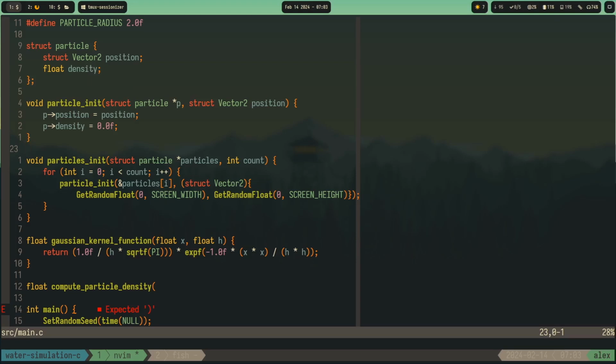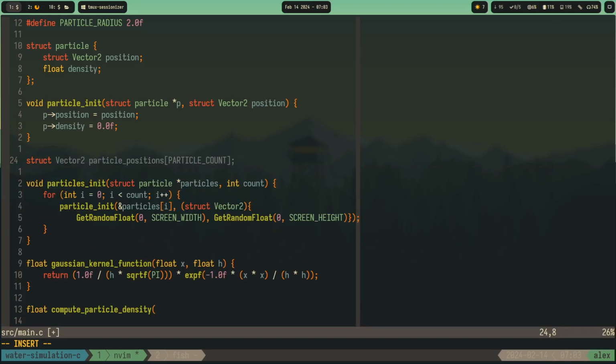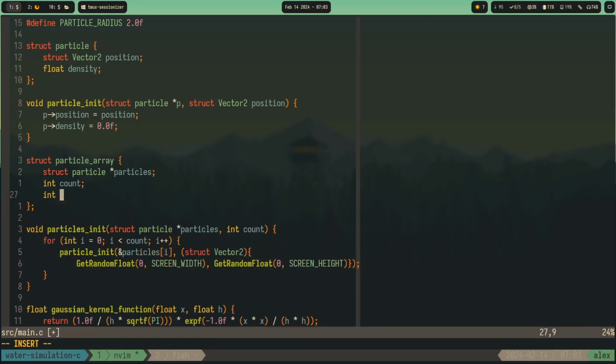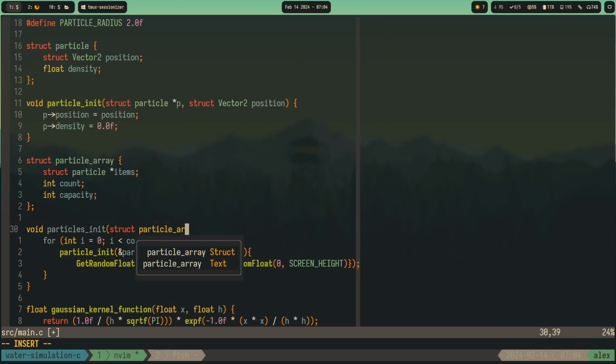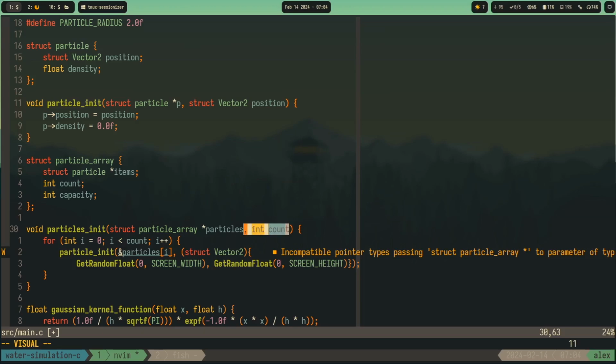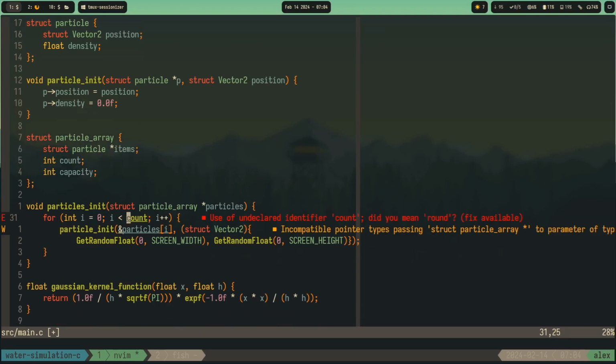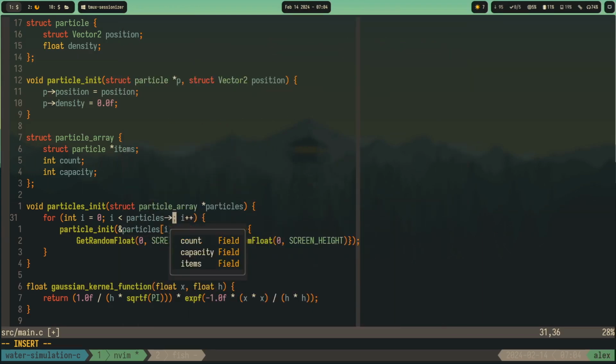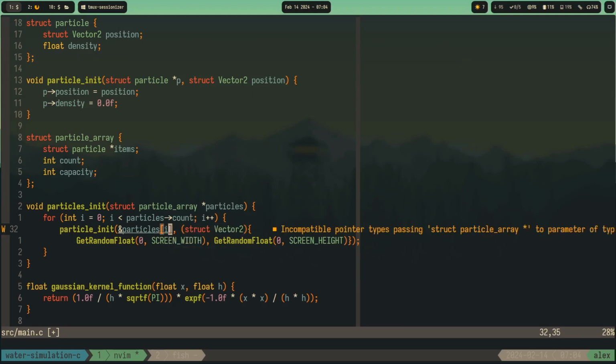I was just thinking, how about having a structure particle array, which is going to have the count and the capacity, and this will be items. Just because we have particles count, and here should be particles dot items.